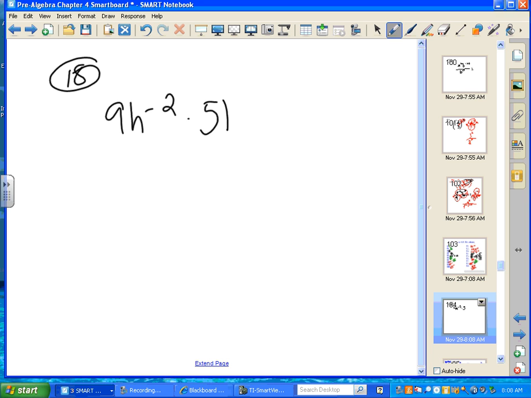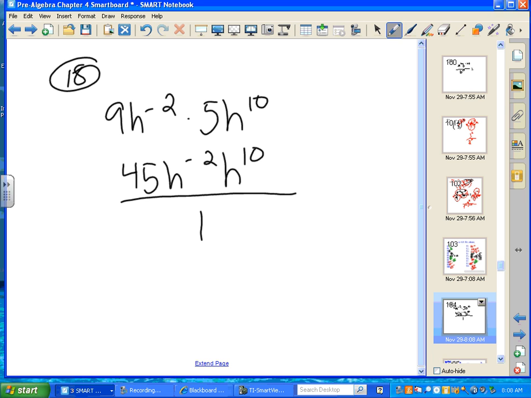So we get 45, h to the negative second, h to the 10th. Tell me why you did that. Why'd you move the 9? The 9's really to the first power. Only move this term because it has a negative exponent. That's probably why you missed that section, some of them. Only move the term that has a negative exponent.